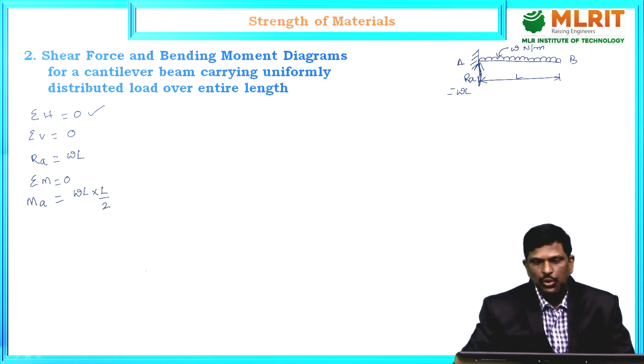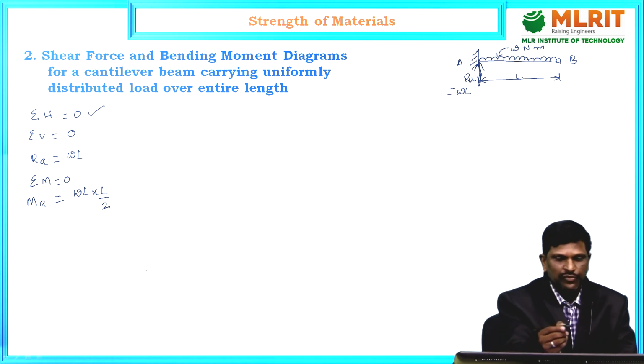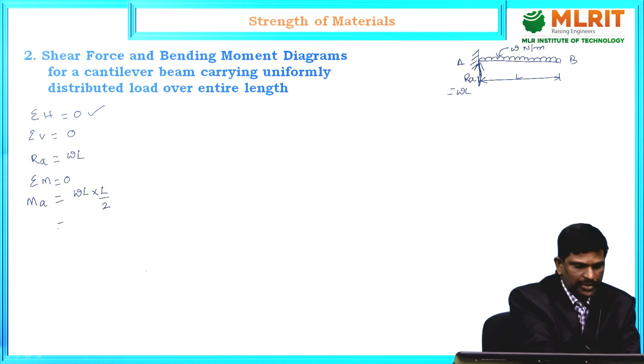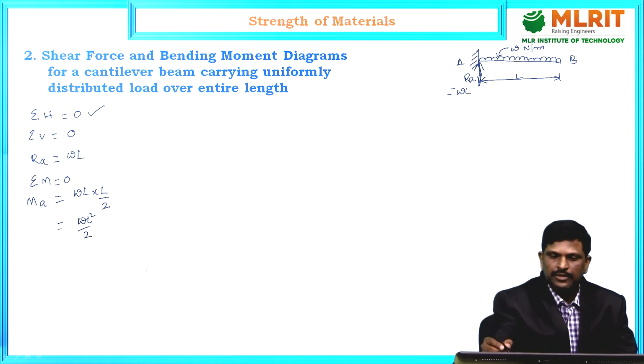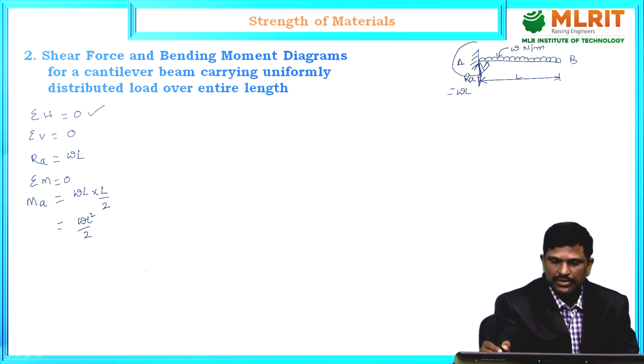The total load of the UDL is W into L, which is supposed to act at the center of the UDL, that is L by 2 from the fixed end. The total moment is WL square by 2. The moment is WL square by 2.